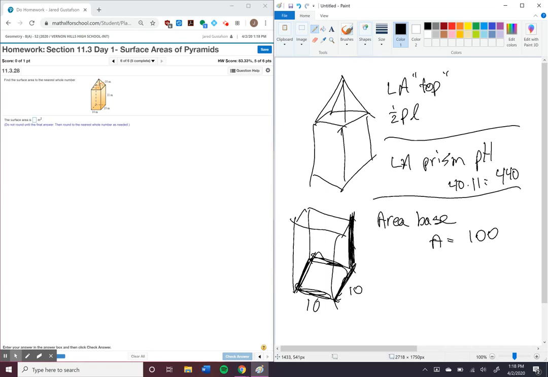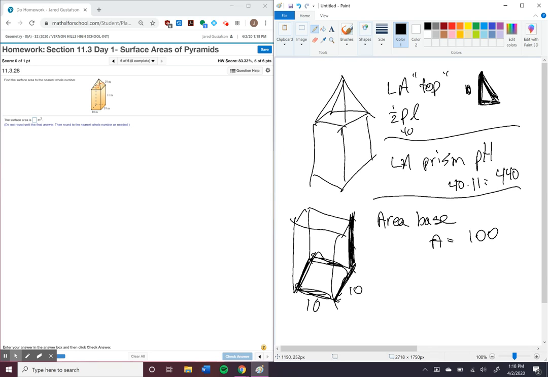And then we just need to find the lateral area of the top, and this is where it gets a little tricky. We know what the perimeter is. We just did it. It's 40, but we got to find the slant height again. So we got to use another right triangle. It looks like it tells us that the height of the pyramid is 10.